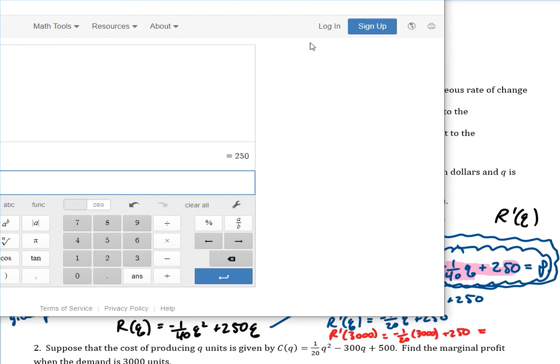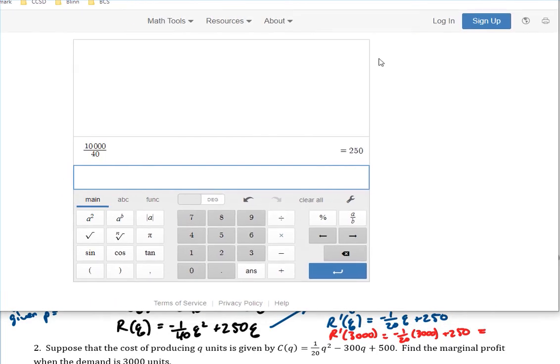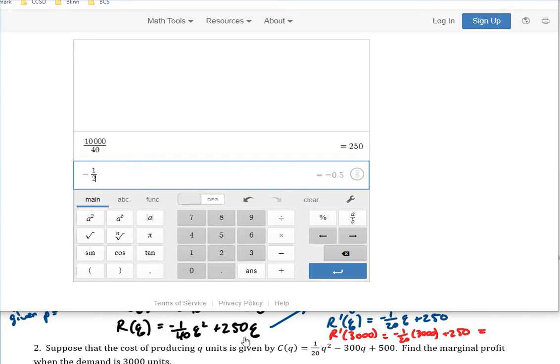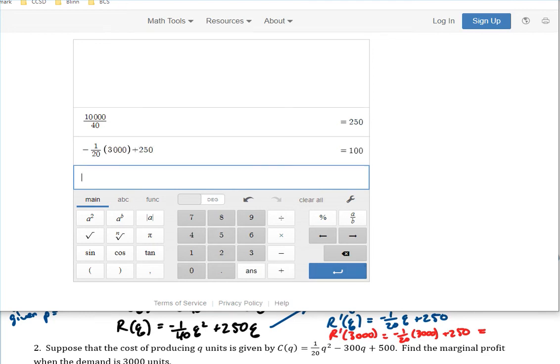Let me scroll so I can see it. There we go. Okay, so I've got negative 1 divided by 20, and then arrow, move it over, times 3,000, and then plus 250. And we get 100.